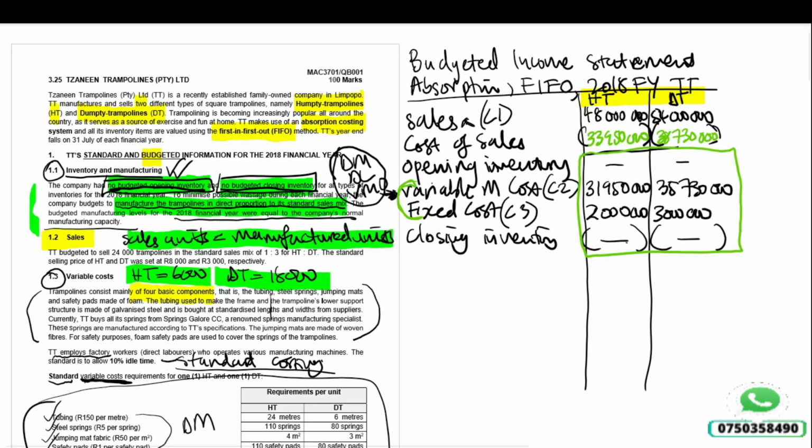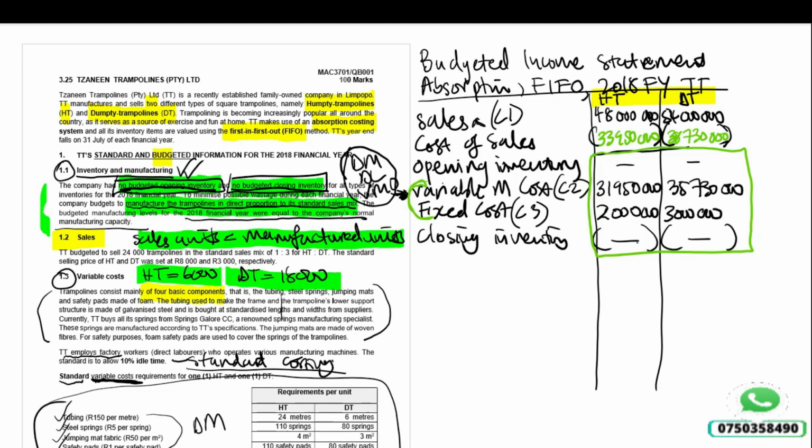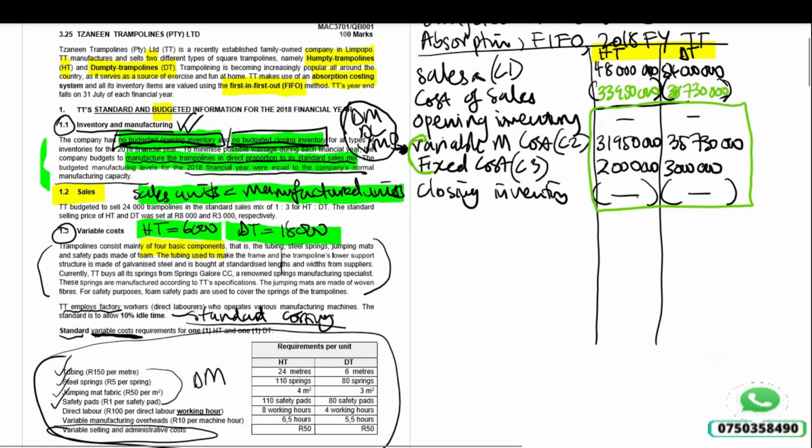After this, what we need to do now is sales less cost of sales. Then I get what? Gross profit.